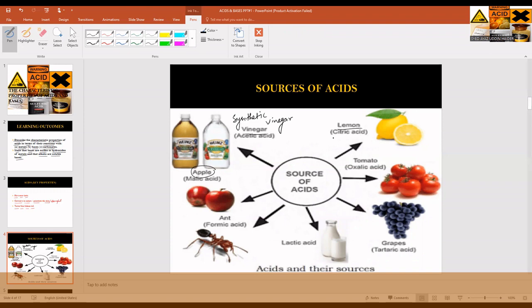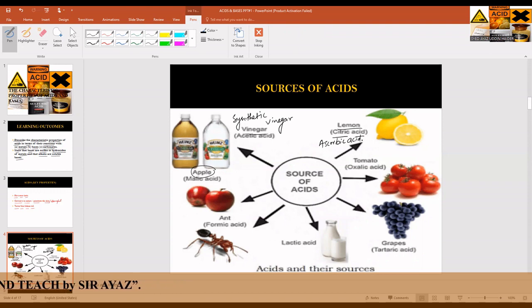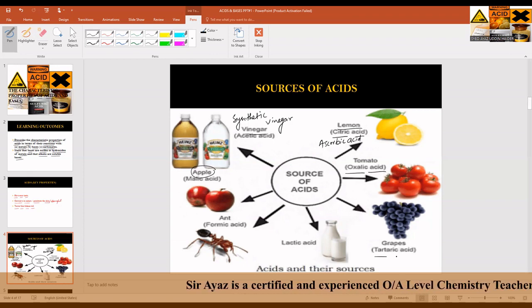Lemon contains acid, citric acid, as well as vitamin C. The other name for vitamin C is ascorbic acid. Tomato also contains acid. It's oxalic acid. Grapes contain tartaric acid.